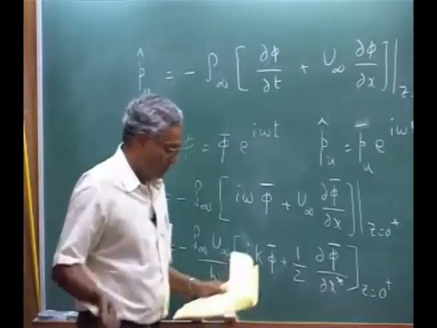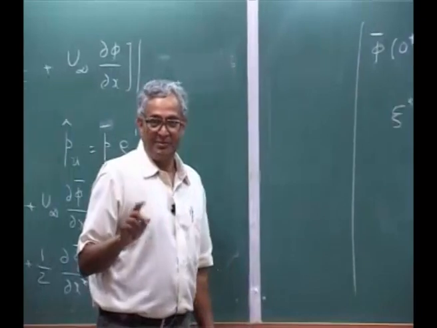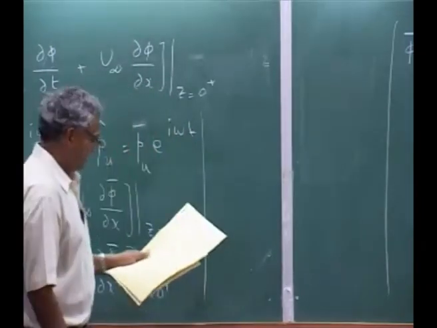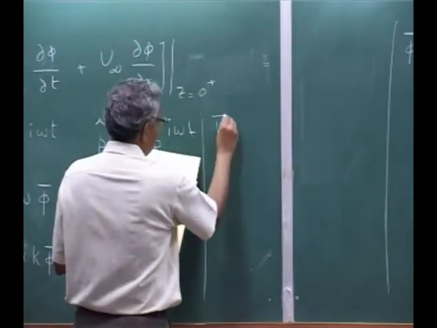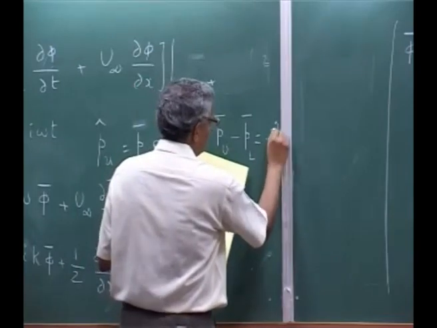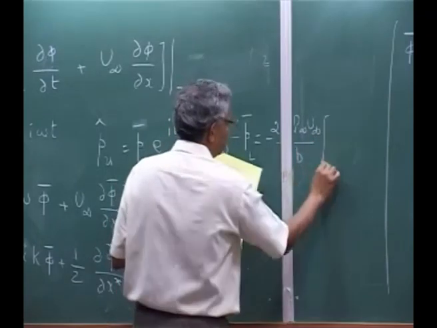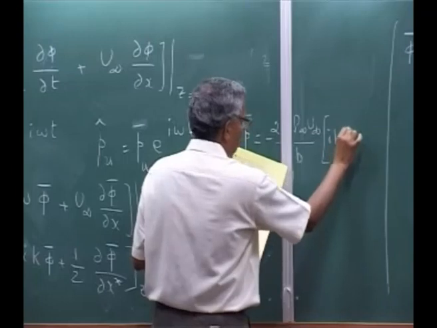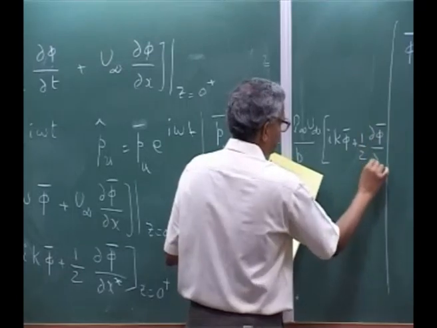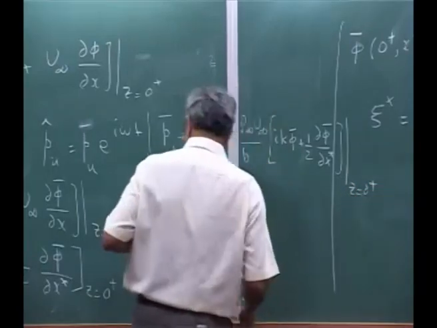Therefore, your P upper minus P lower, upper surface minus lower surface, I will write it here, it will become P bar upper minus P bar lower surface, this is minus 2 rho infinity u infinity over b, i k phi bar plus half delta phi bar over delta x star at z equal to 0 plus.